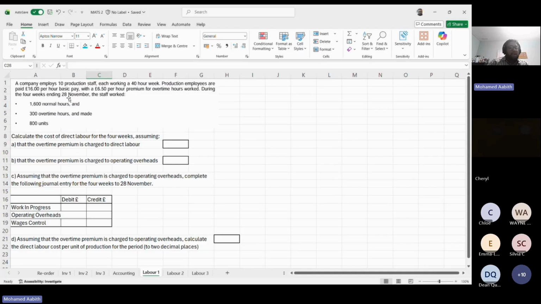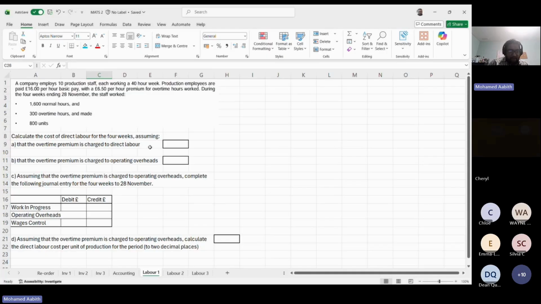During the 4 weeks ending on 20th of November, the staff worked 1,600 normal hours and 300 overtime hours and made 800 units. They're asking you to calculate the cost of direct labor for 4 weeks, assuming that the overtime premium is charged to direct labor.